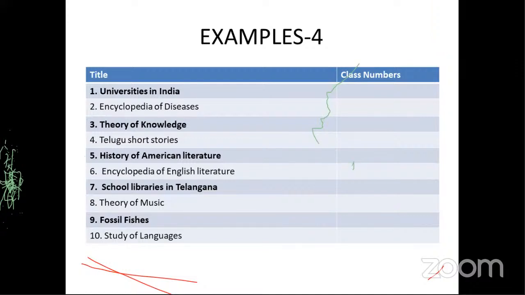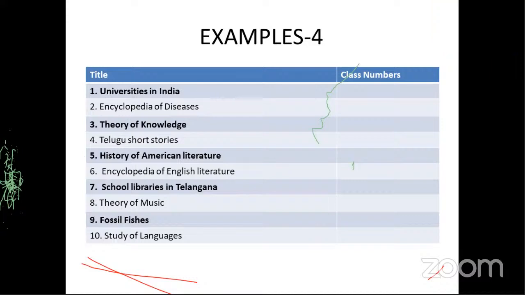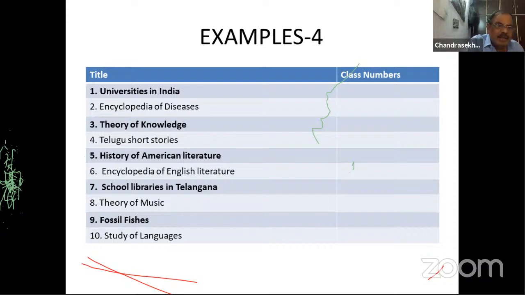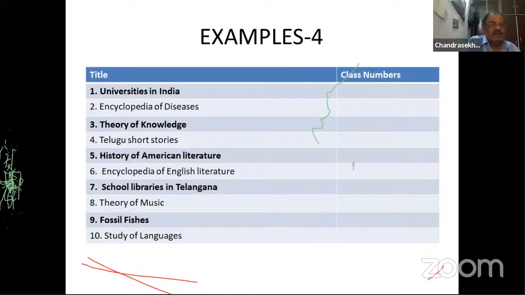So it is when the philosophy 101. So knowledge maybe. Let me check. What is it? Theory of knowledge is epistemology. Theory of knowledge is called epistemology. Sir, it is 1 to 1, sir. Not theory of.